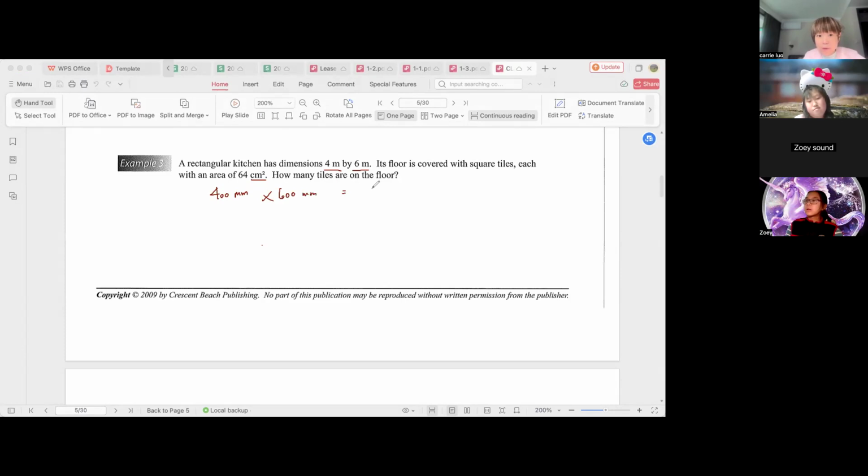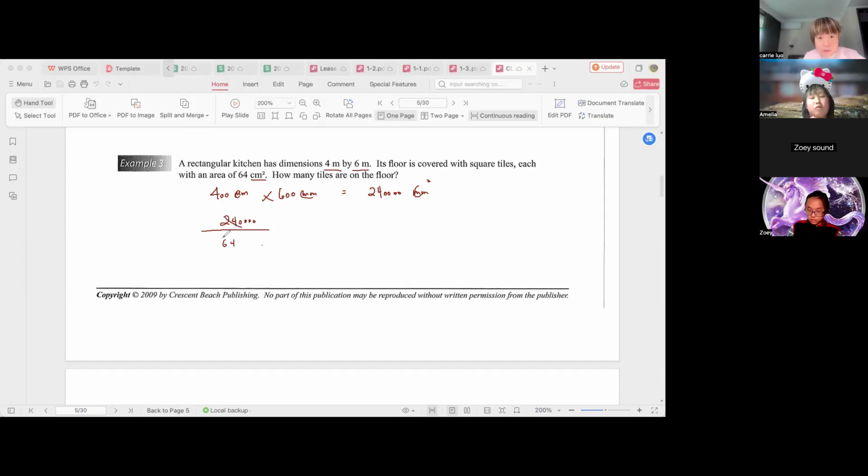So the area of this kitchen is 240,000 centimeters squared. Okay, so the area of each tile is 64. So how many tiles do we need? So 240,000 over 64.